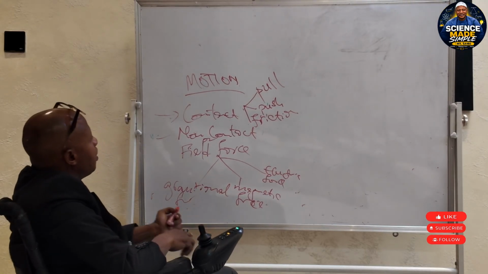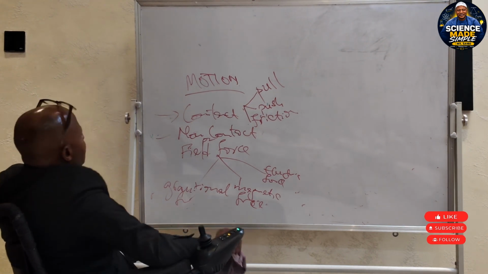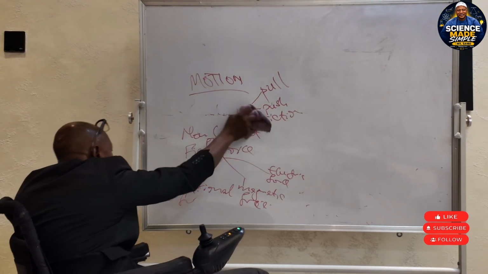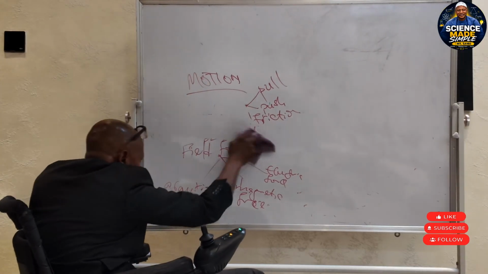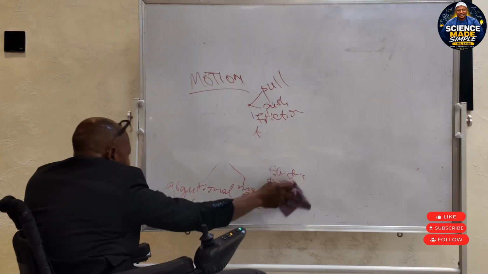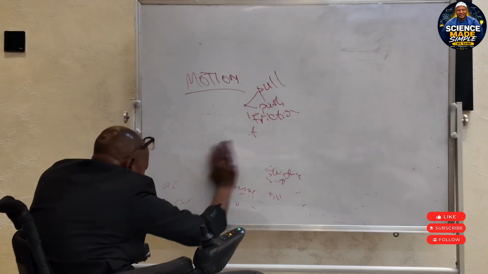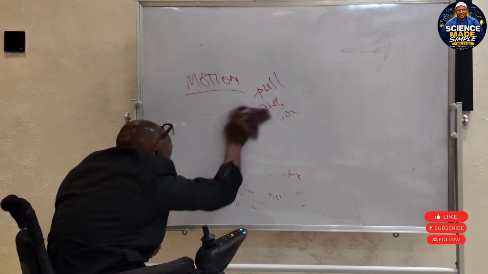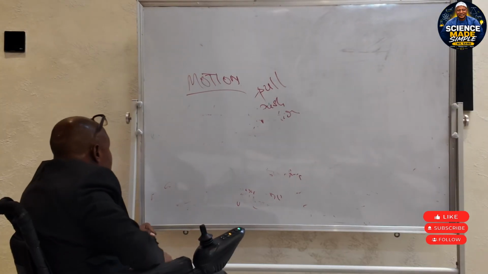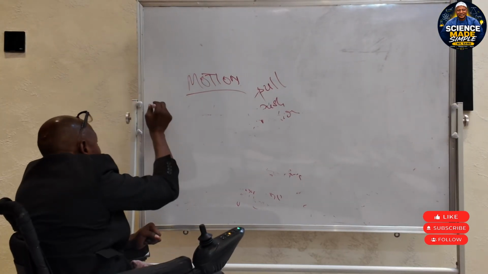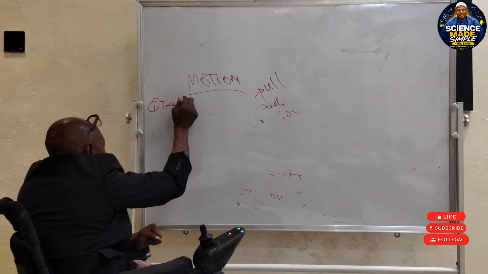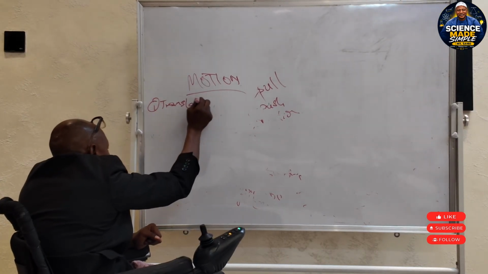Now, motion, we have different types of motion. These are: one, translational motion.